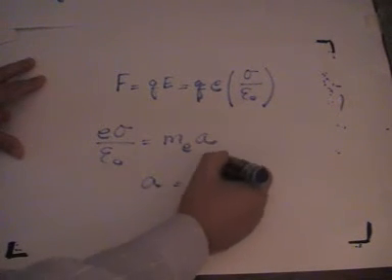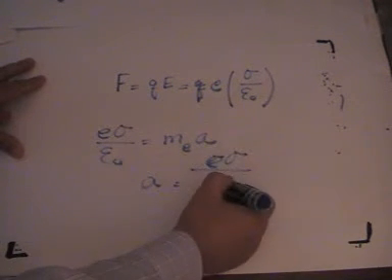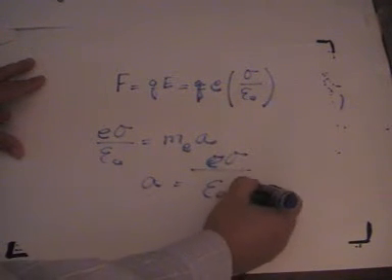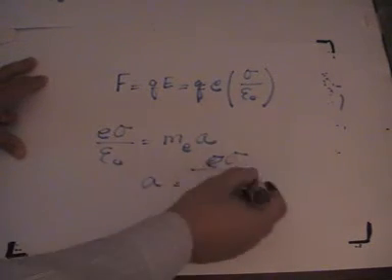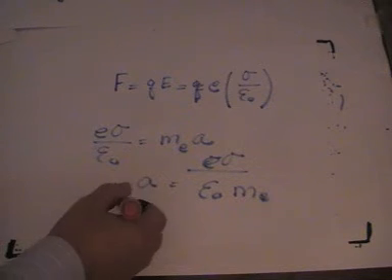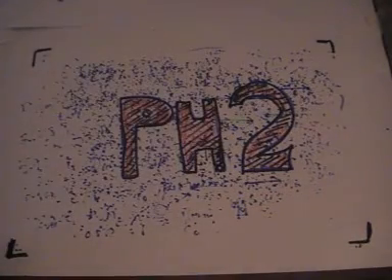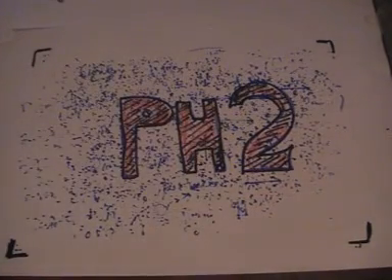So my a will be e sigma divided by epsilon naught times the mass of the electron. It will be in this direction, and remember it will be opposite to the electric field. So you either say opposite to the electric field, or you just say towards the positive plate. Both answers are correct. Okay, so that's the answer to that question.